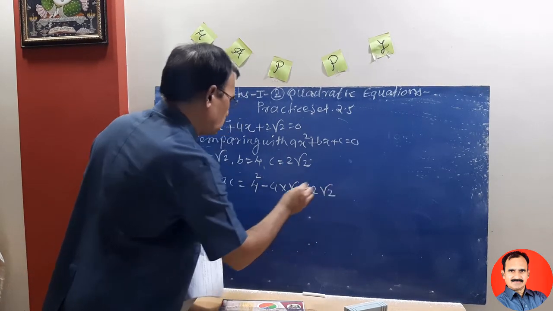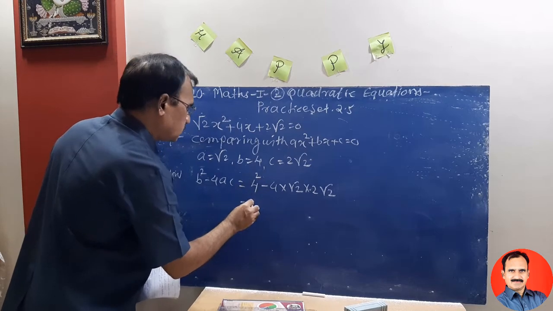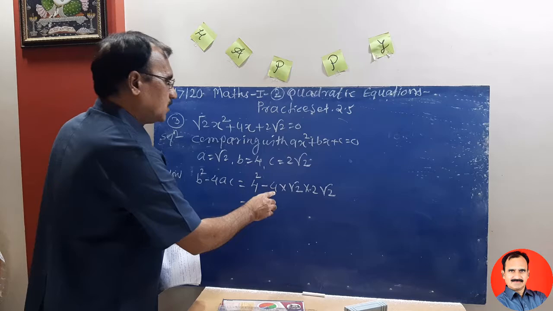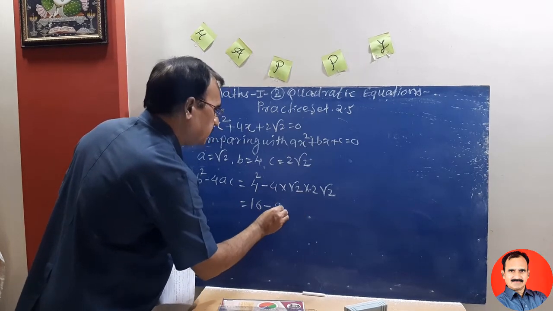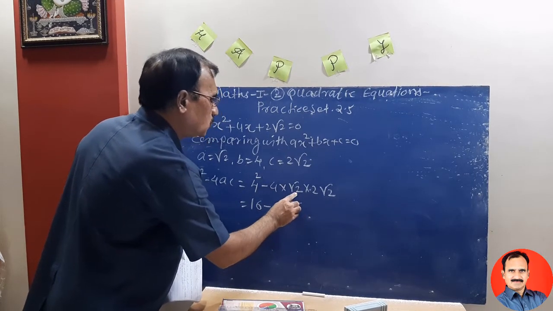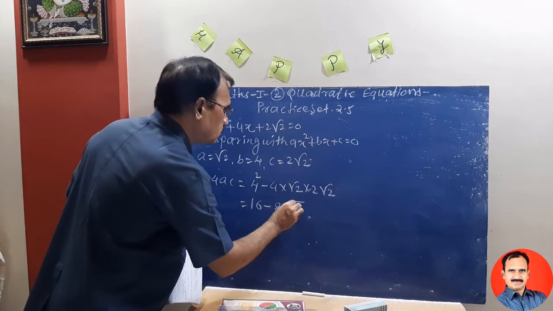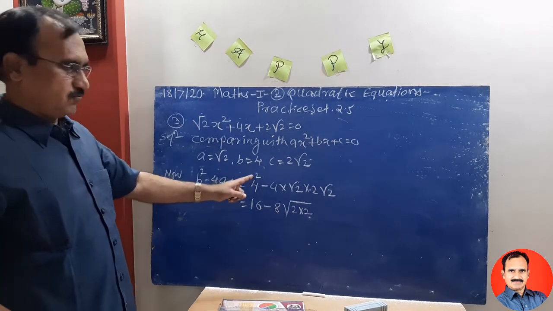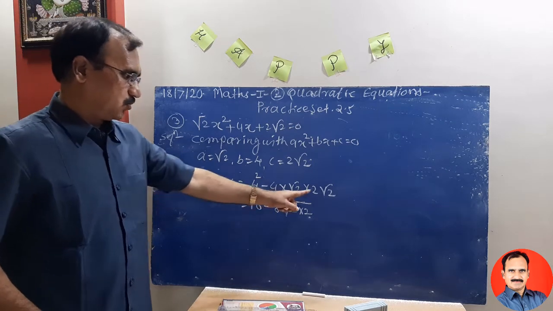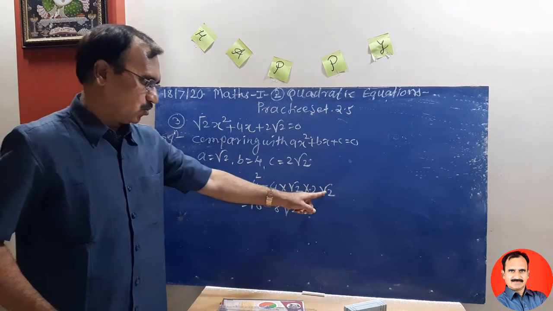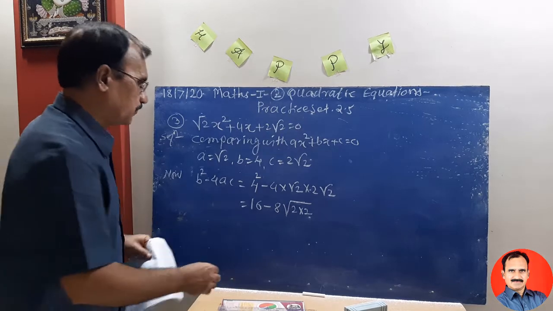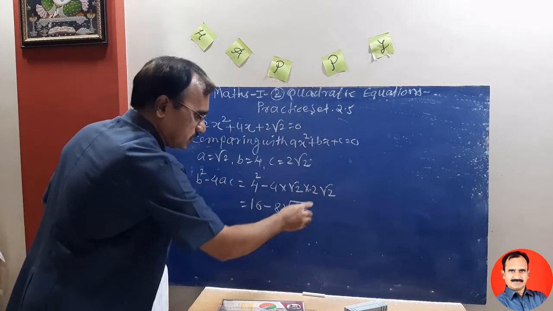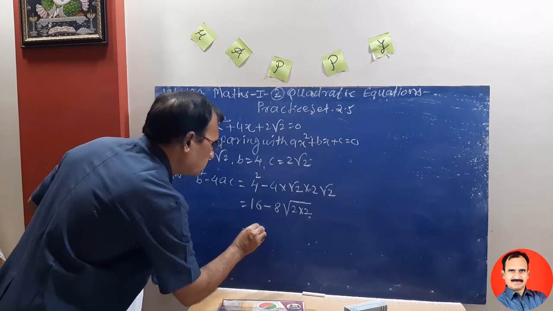Square of 4 is 16 minus 4 into 2 is 8, into root 2 into root 2. Root 2 into root 2 is under root 2 into 2. The order of the root is the same, therefore this is the multiplication.